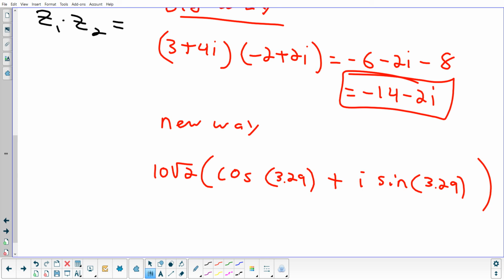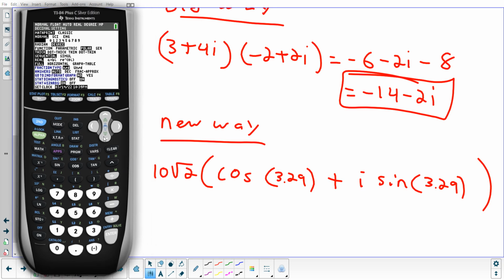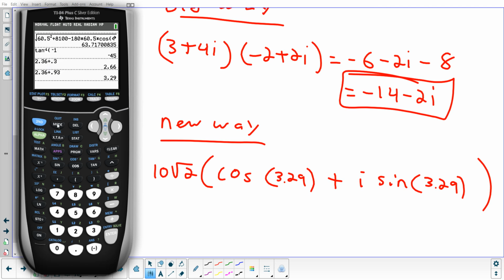Now, to confirm that this is correct, we can distribute this out and see if it comes out to about negative 14 minus 2i. It should, if we did it right. So let's put the calculator in radians. This is an example of how you convert a number that's in trig form back to standard form. We're just doing it to check.